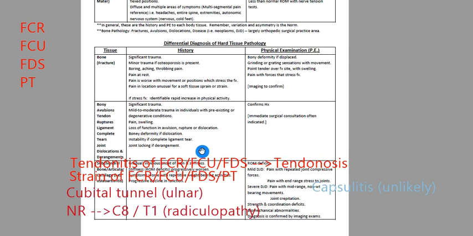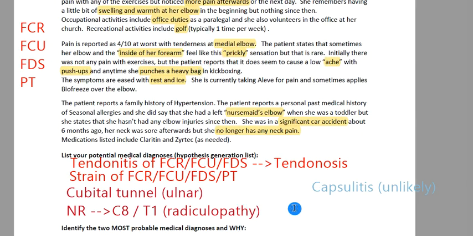What about bone? So what bones are there? Well, we're going to have definitely the humerus connecting with the ulna, and we know that push-ups and punching a bag would compress those structures, so that would be something to be considering.